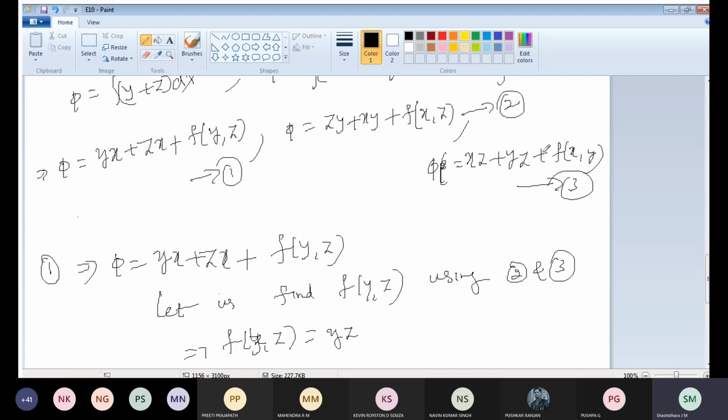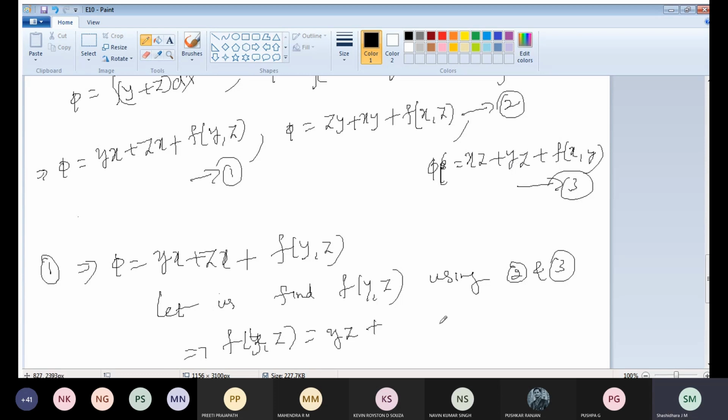In equation 3, there is xy, but here the x term is there, and f of y comma z should contain only y or z, not x. So I have got one term, zy, that is yz, in the second equation, plus in the third equation xz is there, but x should not be there, and yz is there.